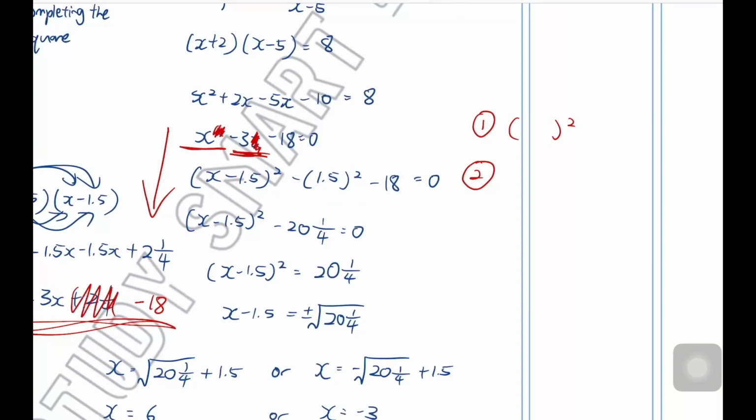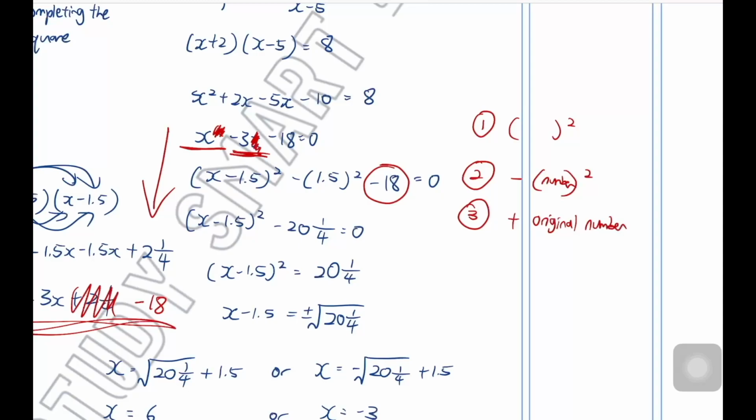So that is step 2: minus the bracket square, minus this number, so minus the number square. And then you have your third step, which is to add back the original number that is in your quadratic equation. In our case, the original number is negative 18, so I'm going to add a negative 18.